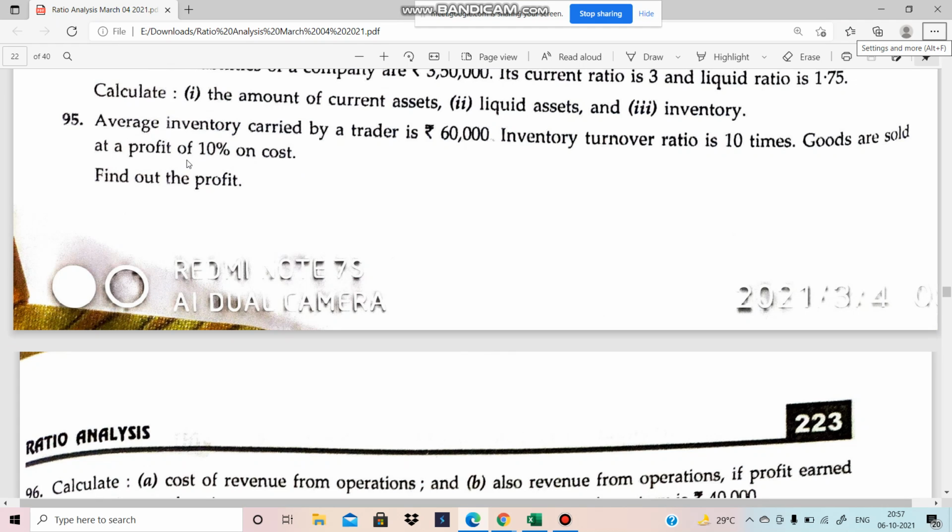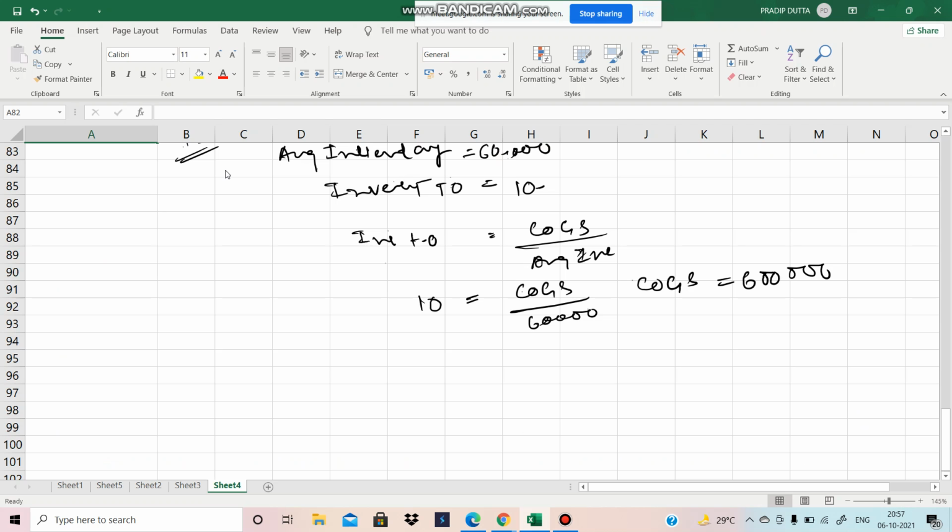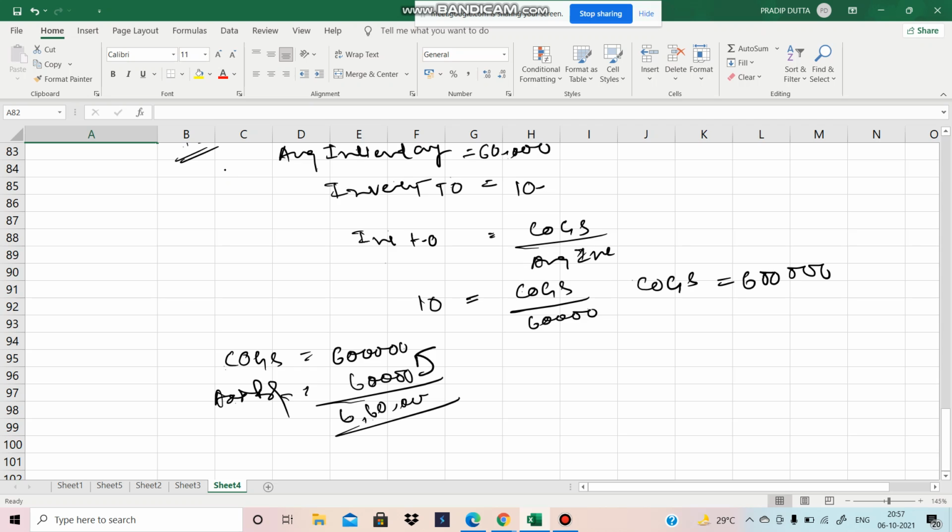What is the value of the profit? The profit is 10% on cost. Our cost of goods sold is 6 lakhs, add profit of 10%, which is 60,000. So the sales value will be 6,60,000, and the profit is 60,000.